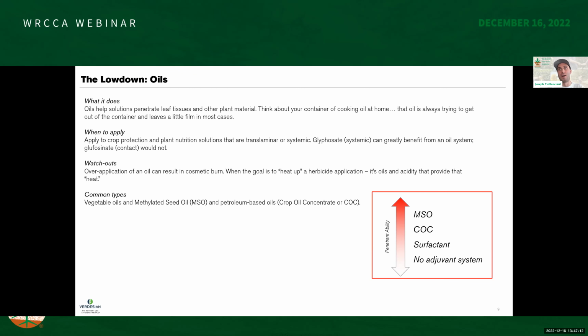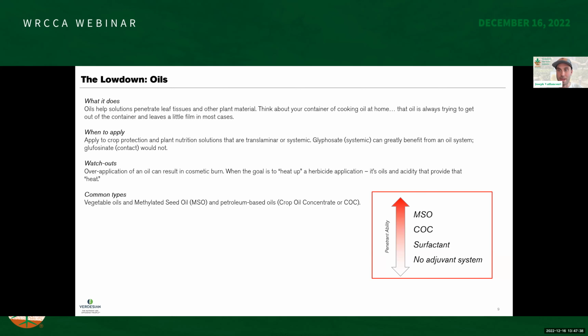So there's a few different types of oil systems out there. You've probably heard of MSOs and COCs. MSO is a methylated seed oil, usually coming from soybean or cotton, something like that. That really is the most aggressive system. Crop oil concentrates, you'll usually find in a blend with surfactant systems.